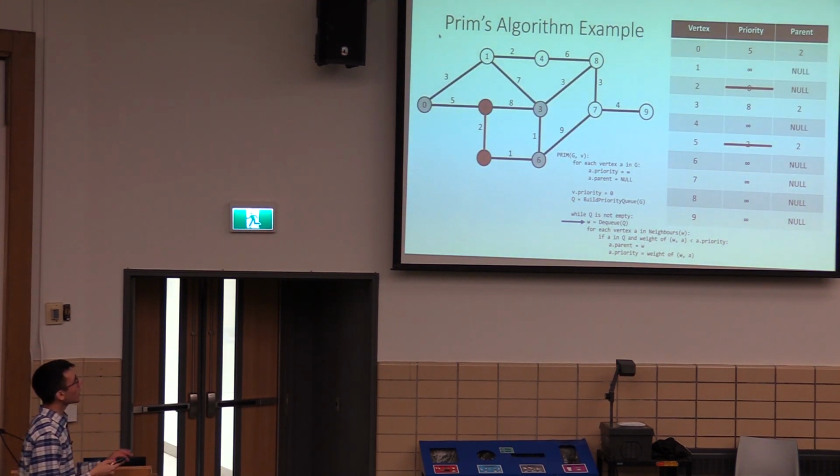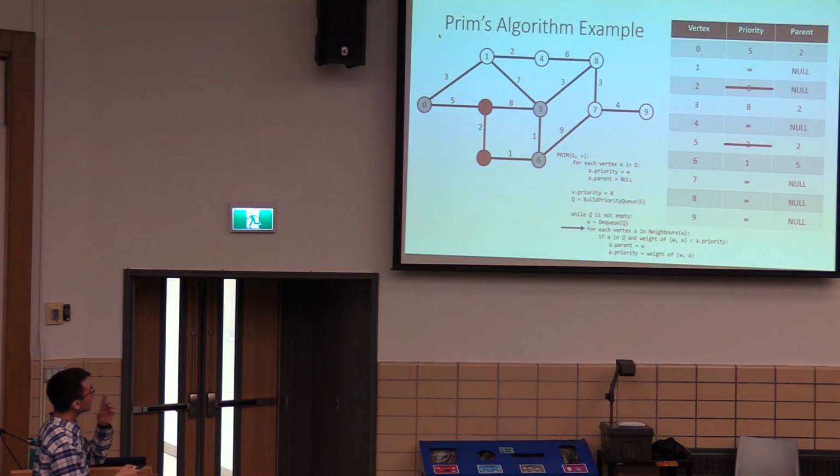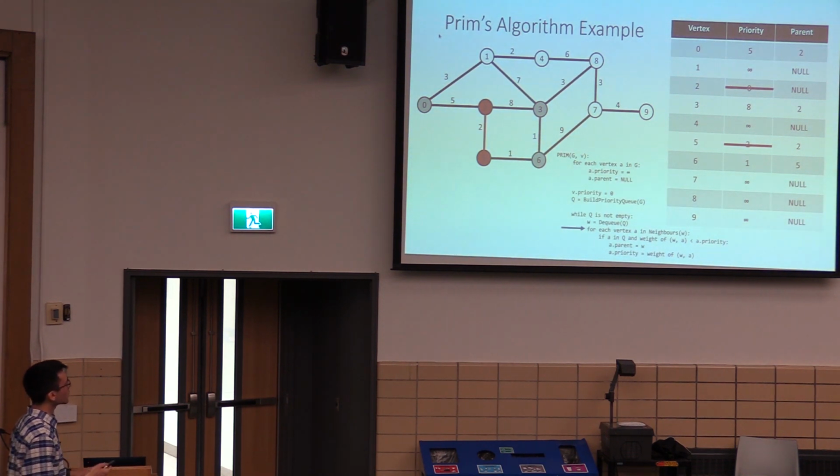And what's the minimum? Well, that's 2, right? Out of 5, 8, and 2, the minimum is 2. I dequeue it, and the neighbor of that is going to be 6. So I'm going to set 6's parent to 5 over here. I'm going to set 6's priority to the weight from 5 to 6, which is 1, and that's it for that.